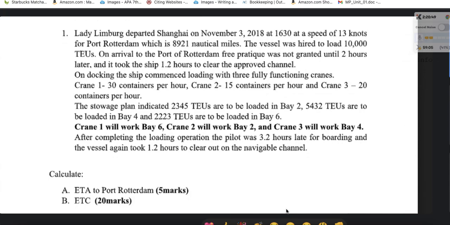Adding up those now: 30 plus 10 is 40, and 16 plus 14 is 30. So you have 30 hours, then you subtract 24 from it, and it leaves you with 6.